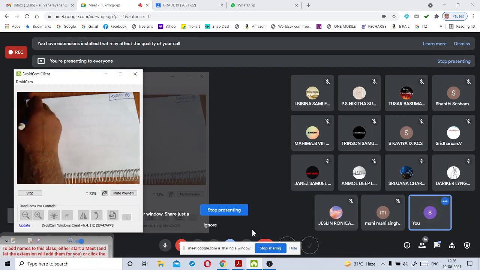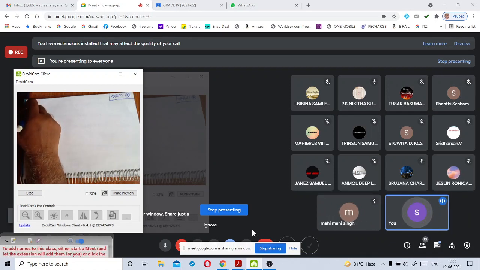Now come to the next type of numbers. They are called real numbers. We have discussed the first type of numbers, that is natural numbers. Second type, whole numbers. Third type, integers. Fourth type, rational numbers.